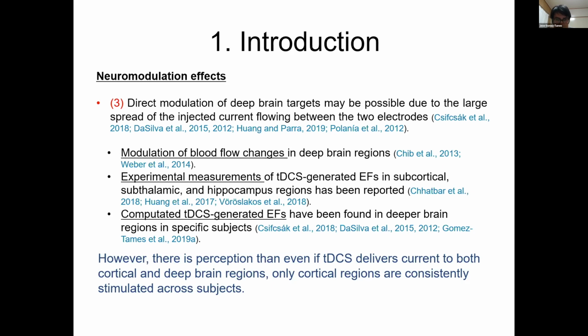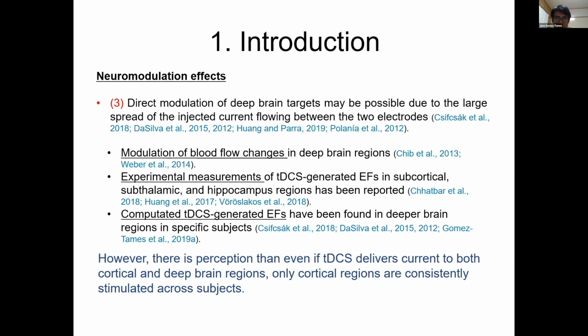So despite all of this evidence, these direct effects on deep brain regions are usually not mentioned, or at least not considered very strongly. Maybe one reason is that there is a perception that tDCS delivers both to the cortical and deep regions.